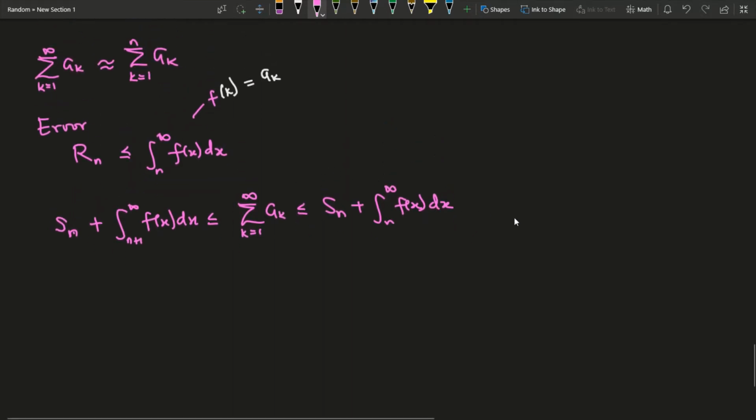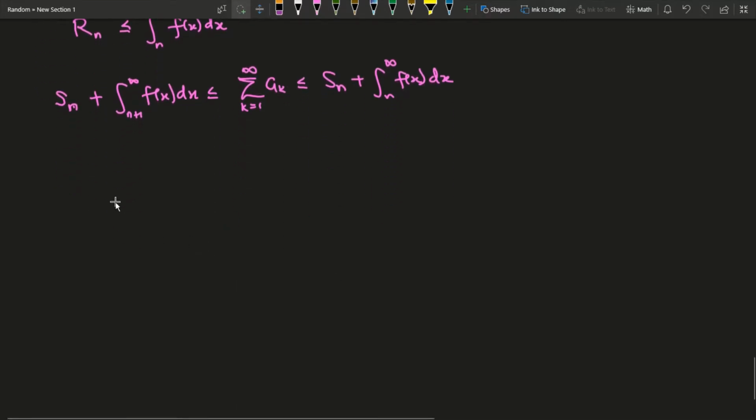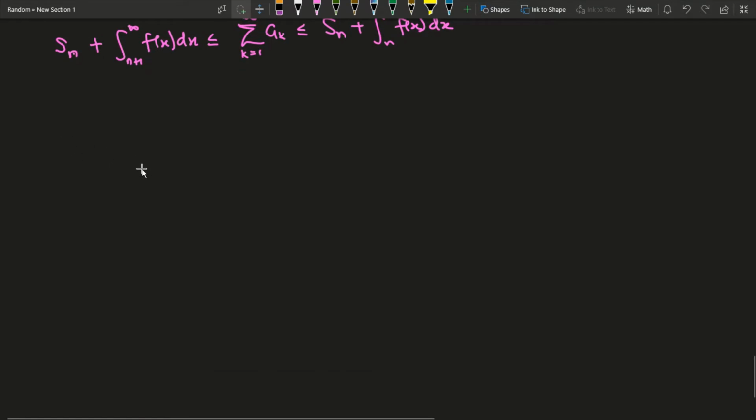So these are the two things we've seen, and I think an example will just make this clear and concrete. So let's start with the first example.